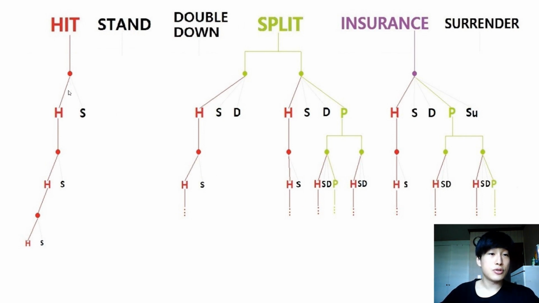In the hit, you choose between hit or stand, and you can actually hit as much as you want unless you get the burst. In the split, you get multiple hands, so you have to make extra choices for each hand, and insurance is the same.